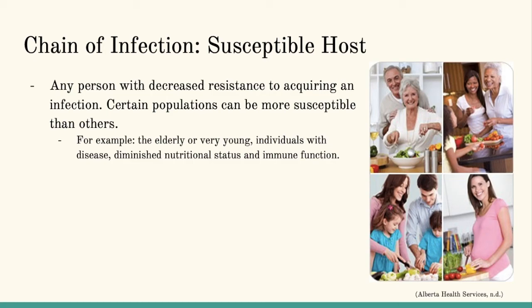Maybe someone's on chemo. That person is very susceptible. Or someone with a low white blood count can be very susceptible, or even someone with a diminished nutritional status as well.